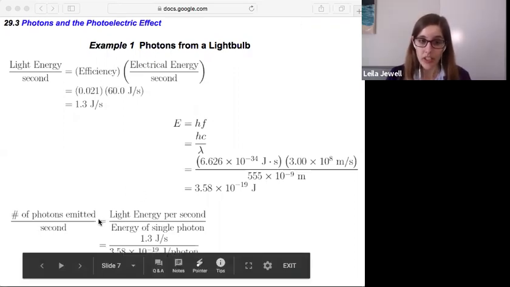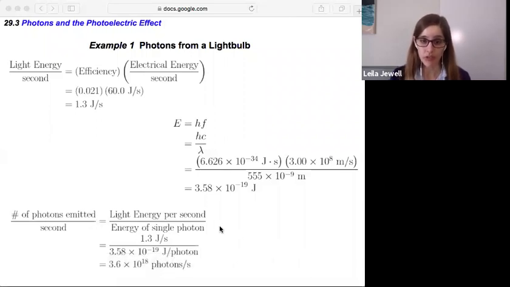So to get the number of photons emitted per second, which is what we're trying to ultimately solve for here, we want to take the light energy per second, the rate that we're generating light in total, and divide by the energy of a single photon, that tiny number we just got with the E equals hf equation. So we take 1.3 joules per second and divide by 3.58 times 10 to the negative 19 joules.